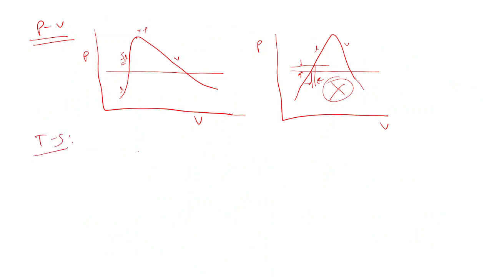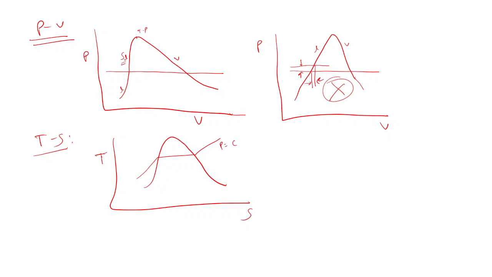Next we will usually draw the TS curve. The constant pressure line on the TS diagram would be like this.